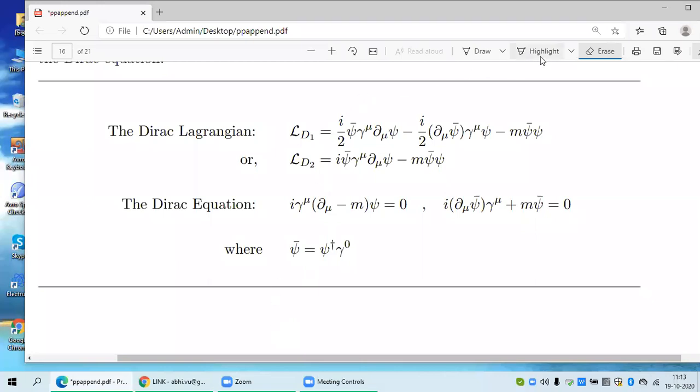So this is again the short bird's eye view or summary. The Dirac Lagrangian has this form, or you can take it in this form. This form you see is a bit symmetric with respect to psi and psi bar. In this term, this is a bare psi bar and this is a derivative of psi.